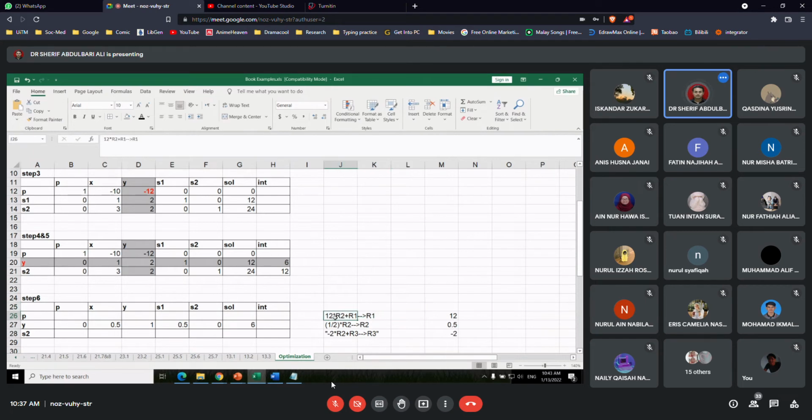Okay, the rule is in here. Can you see this one clearly? 12 times R2. That means you are going to take the 12 and multiply it with all these values. Let's make it here, it's equal to 12 times those values.